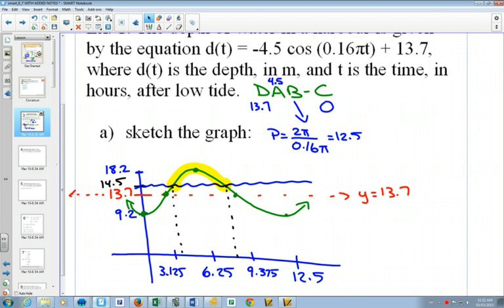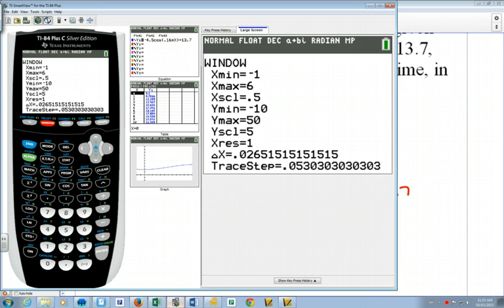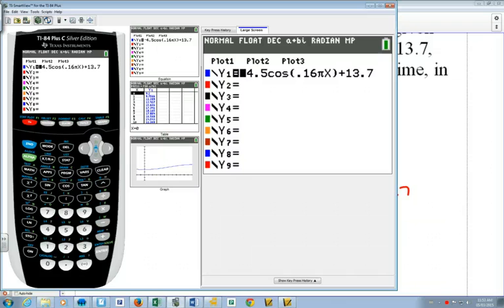That means your batteries are low and dead, almost so. Okay, well, we'll check it out. Check my equation, did I type it in right? Sure. Negative 4.5 cos 0.16 pi x plus 13.7. And that'll be the same equation that we have on our sheet, right?